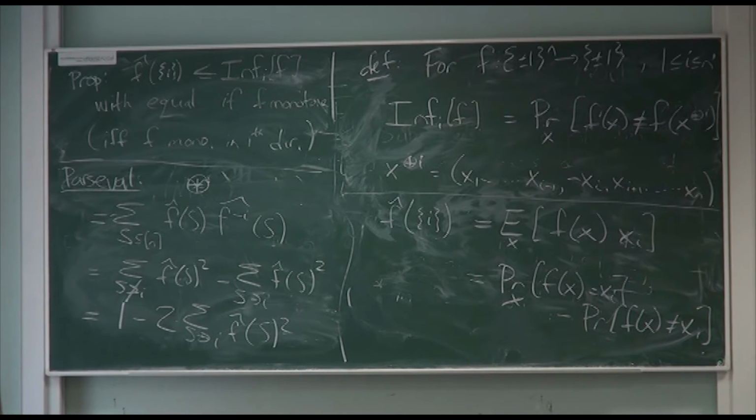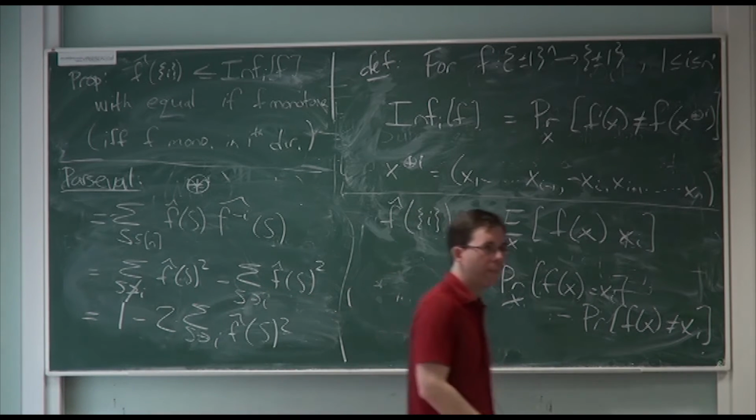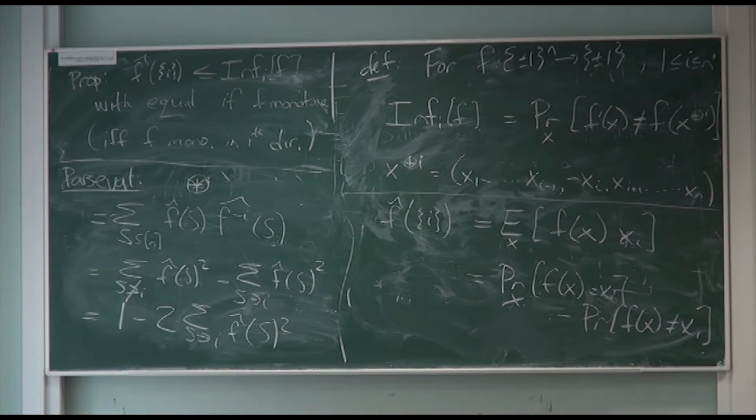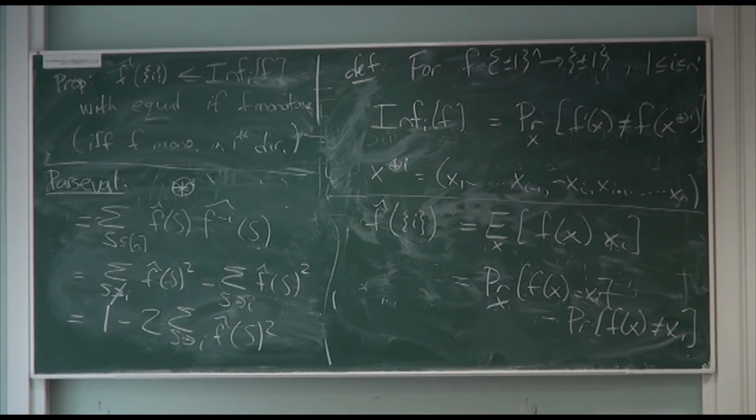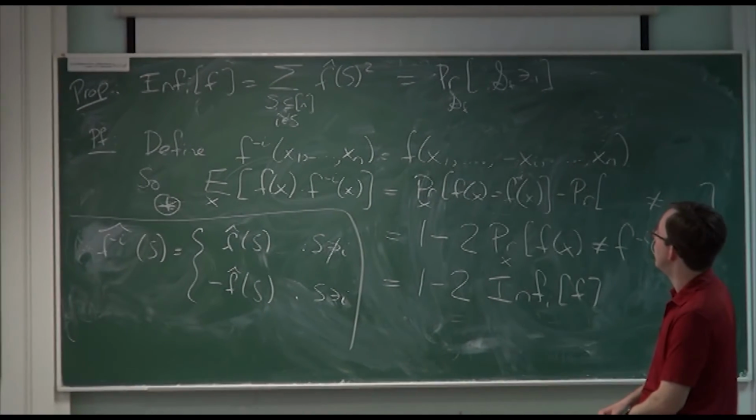Okay. Any questions about that? So for a monotone function, most of the terms are just 0 in the summation. Like in the summation of the definition of influence.